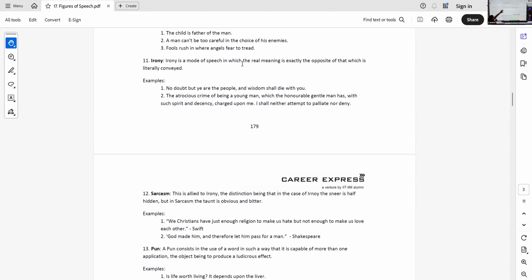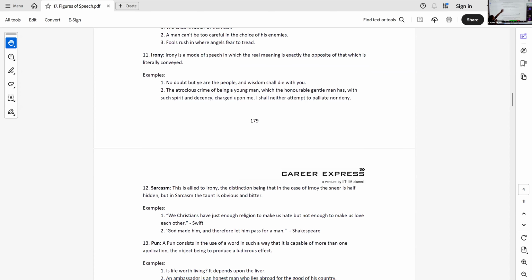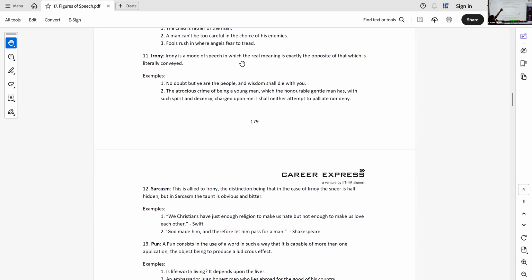The atrocious crime of being a young man. Please read this paragraph, these 2 lines. Read it and tell me what is the irony in these 2 sentences. Who can explain? Tell me. You tell me.